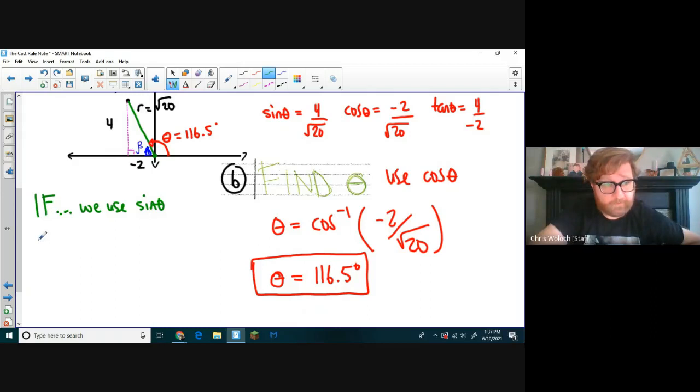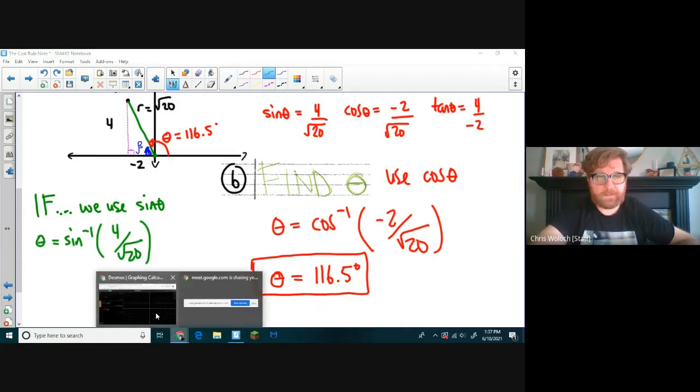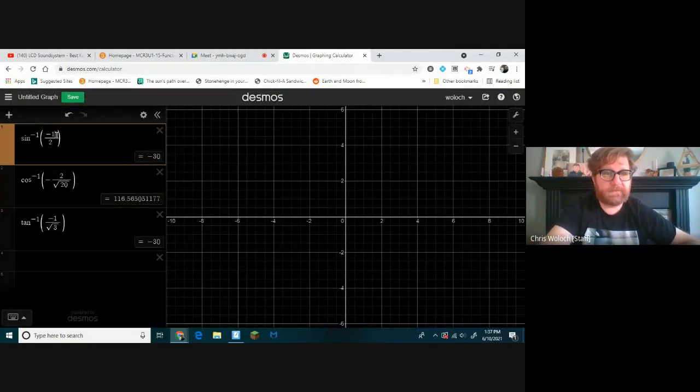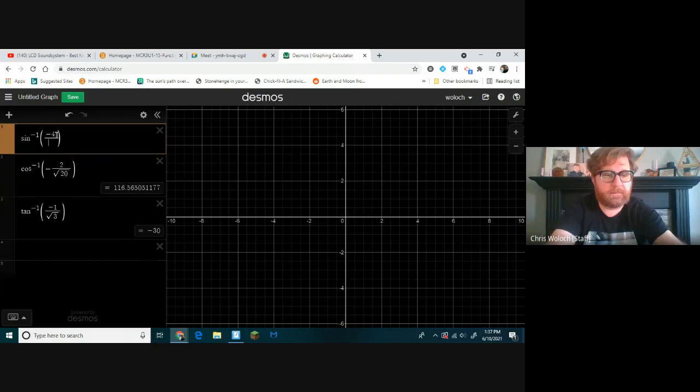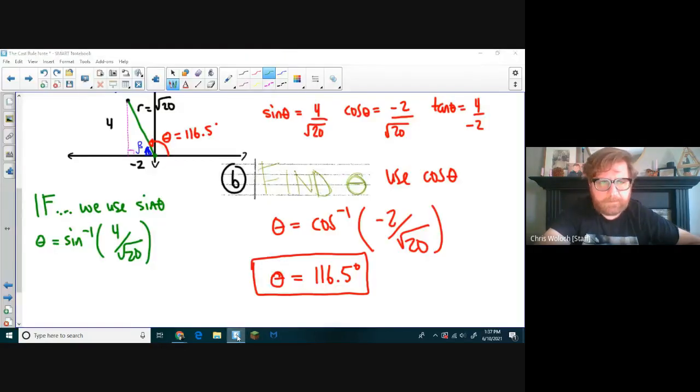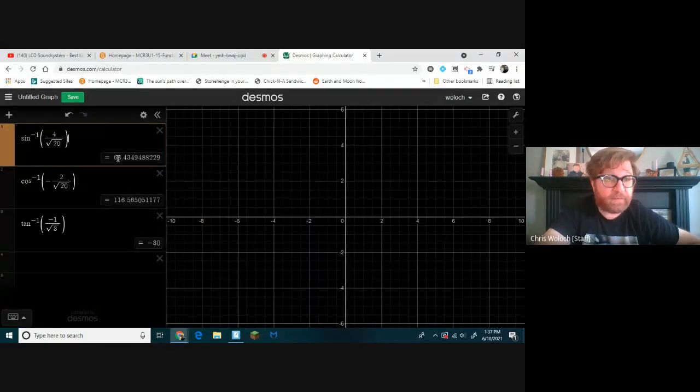So if we did sine -1 of 4 over square root of 20, and if we go back to Desmos and plug that in, 4 over square root 20, which is positive, I get 63.